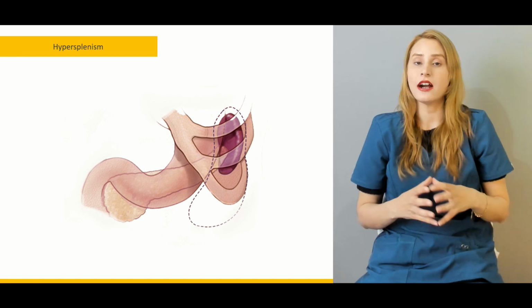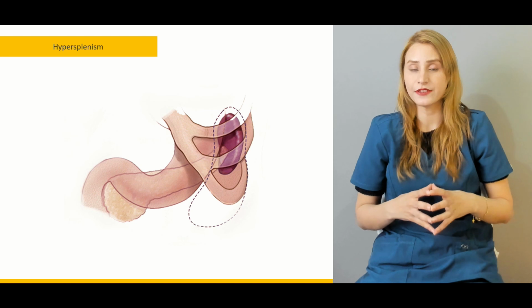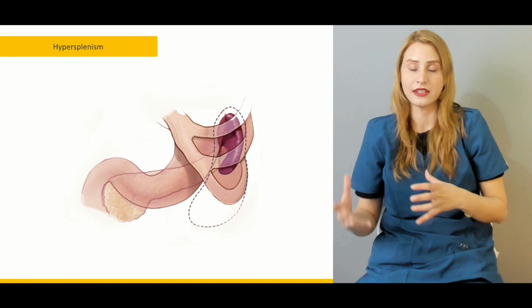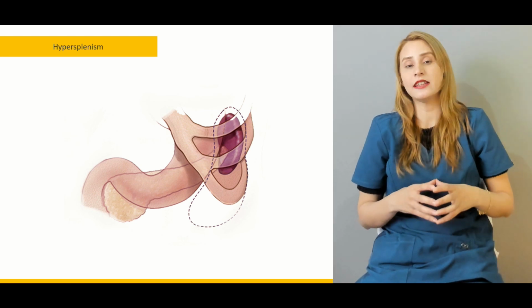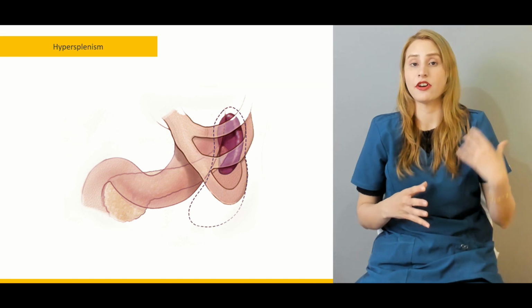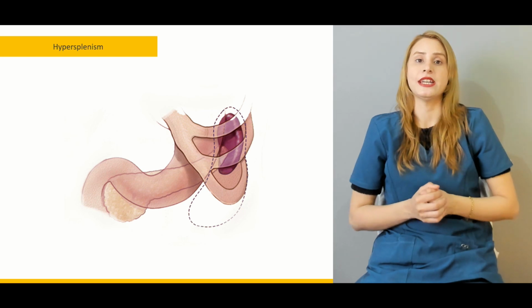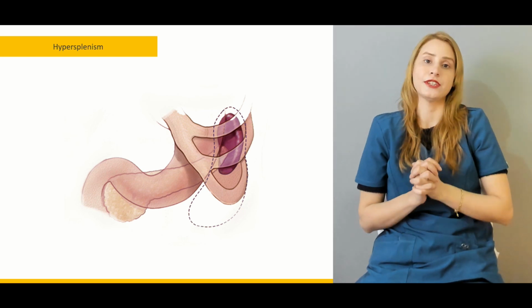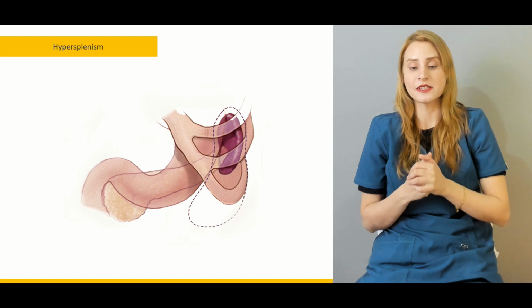We've got an important notch of the spleen as well, called the splenic notch, and the splenic hilum, in which the different vessels like the splenic vein and the splenic artery enter the spleen and are responsible for its blood supply.